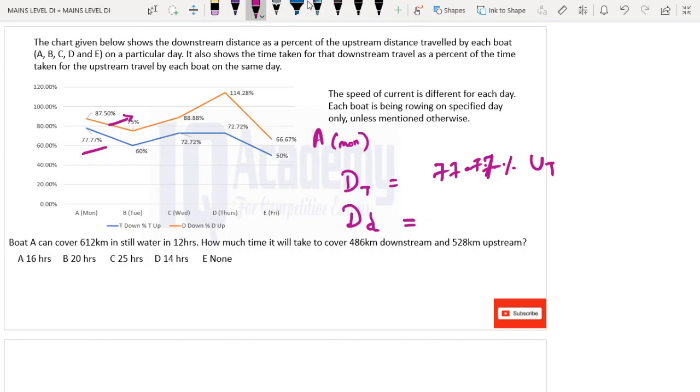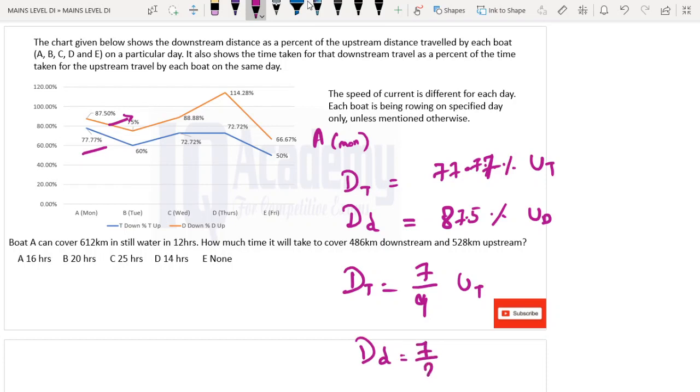So downstream distance is equal to 87.5 percentage of upstream distance, or we can write downstream time is equal to 7 by 9 of upstream time, or downstream distance is equal to 7 by 8 of upstream distance.